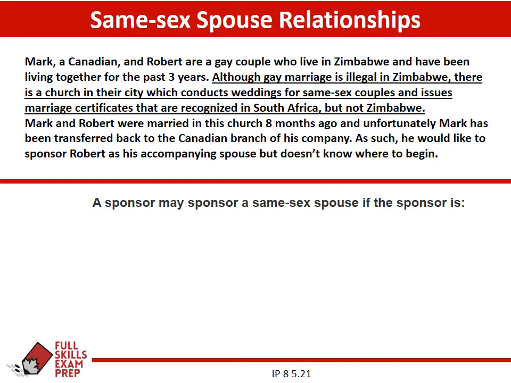Okay, so when we take a look again at that scenario, we can see that they talk about the legality of their gay marriage or same-sex marriage. We can see that it's illegal in Zimbabwe, but when we take a look again at those main requirements, in terms of a same-sex partner being sponsored as a spouse, common law partner, conjugal partner, pretty much everything's the exact same as if it were a husband sponsoring a wife, or a wife sponsoring a husband.